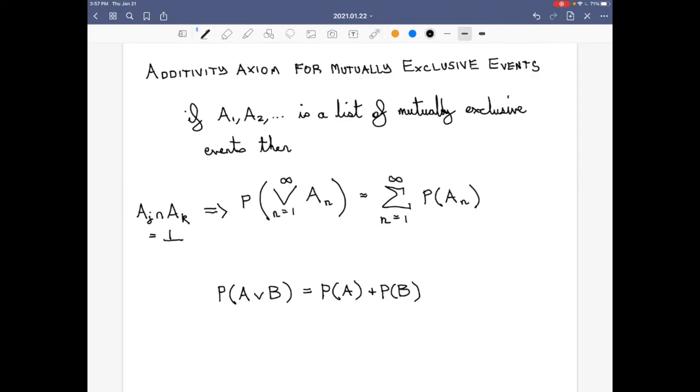What this says is that if you have a list of mutually exclusive events, you can calculate the probability of their joint disjunction by just adding up the individual probabilities.